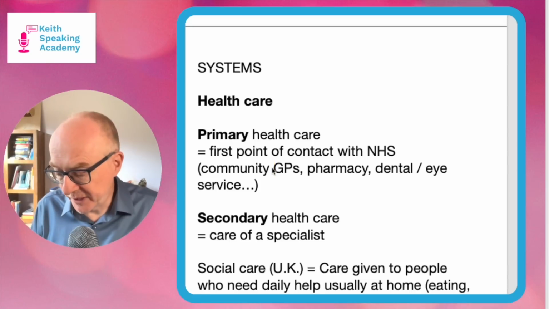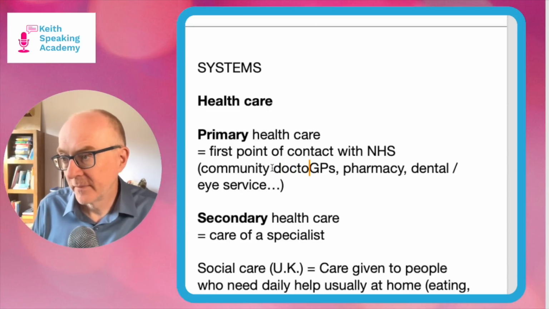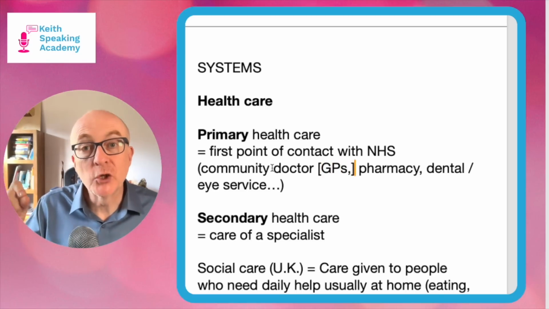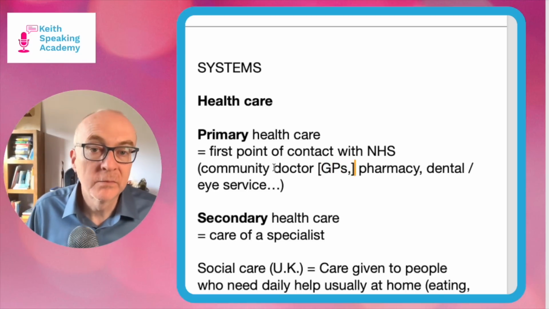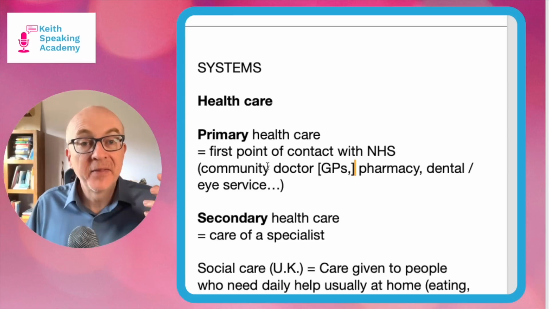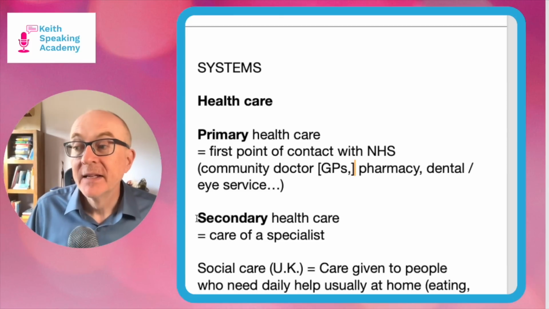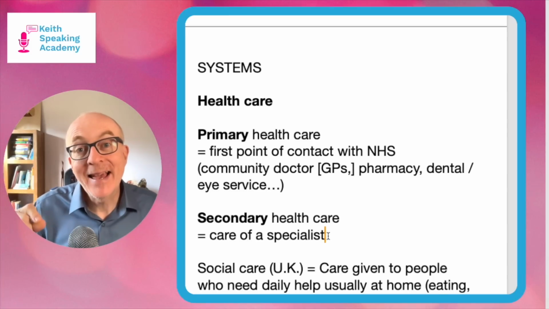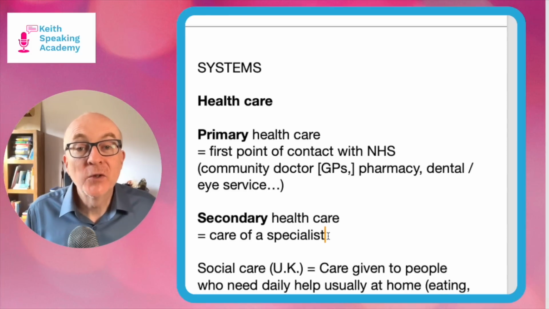GP is the community doctor, basically. In England, we call that a GP. Your GP is your local doctor, your local community doctor. They're the primary healthcare. Your secondary healthcare will then be if you need to go to see a specialist, so the care of a specialist. So you go to your doctor, primary healthcare.